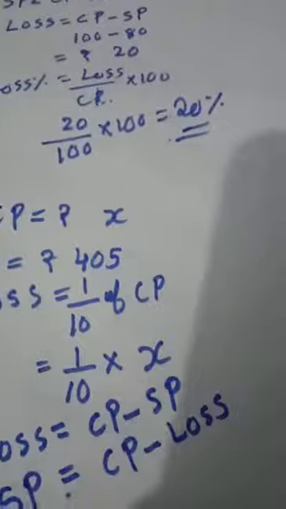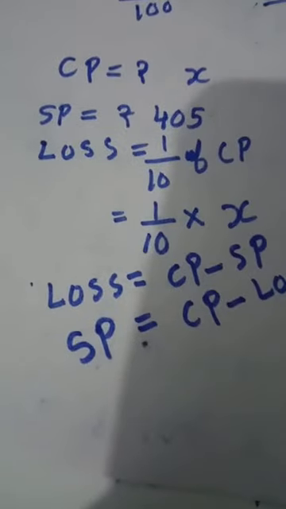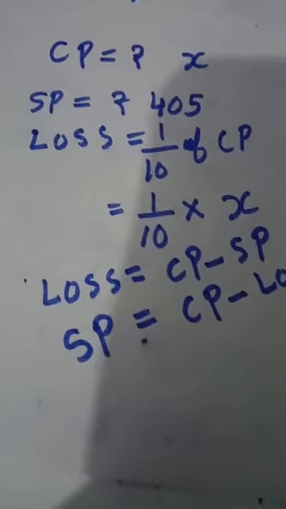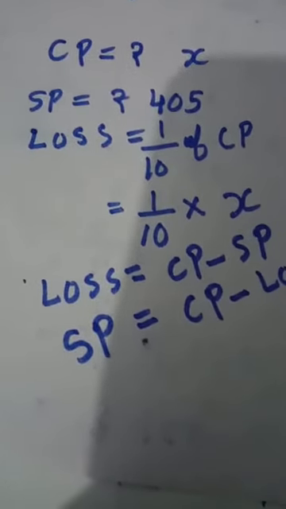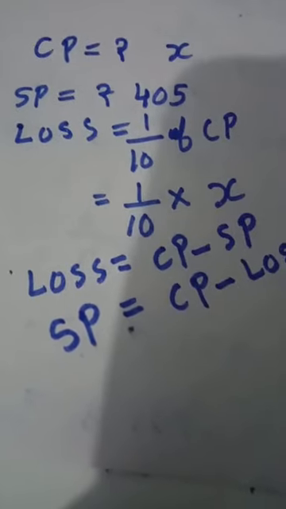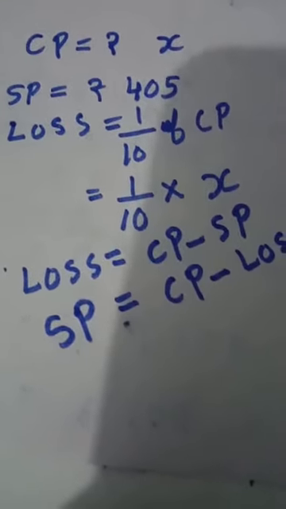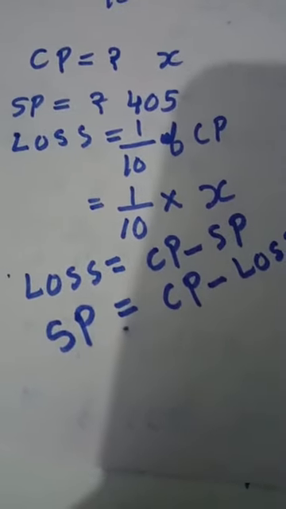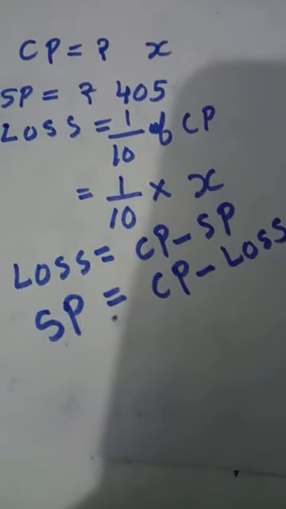When CP is greater than SP. Suppose CP is 100 and SP is 90 rupees. I bought an item for 100 rupees and sold it for 90 rupees, which means 10 rupees loss for me. So loss means CP minus SP.